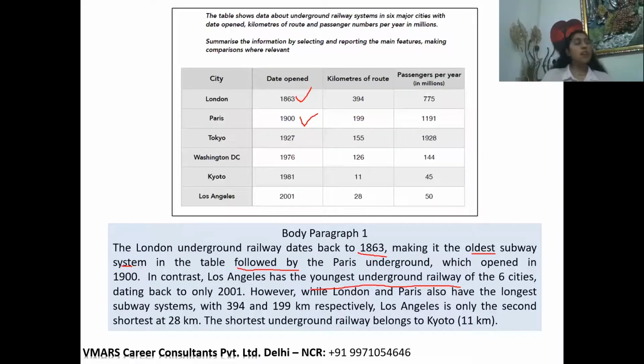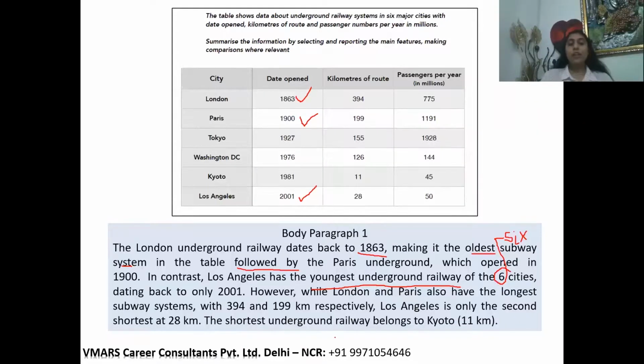So it has the youngest, or most recent, you can also say, underground railway system of the six cities, dating back to only 2001. Okay, so we have covered three in the dates of opening.